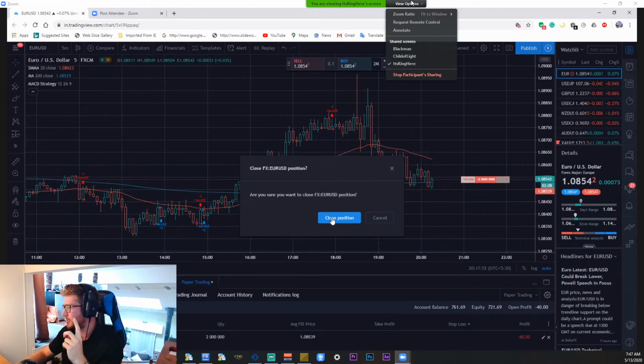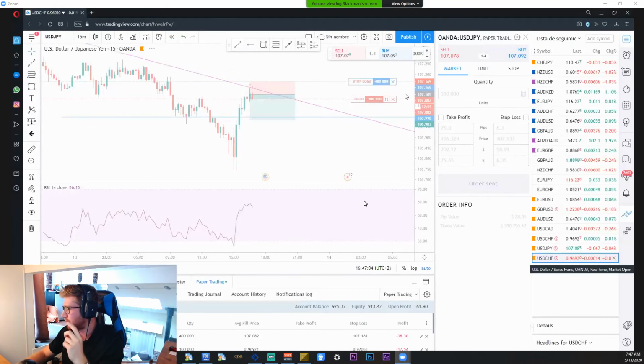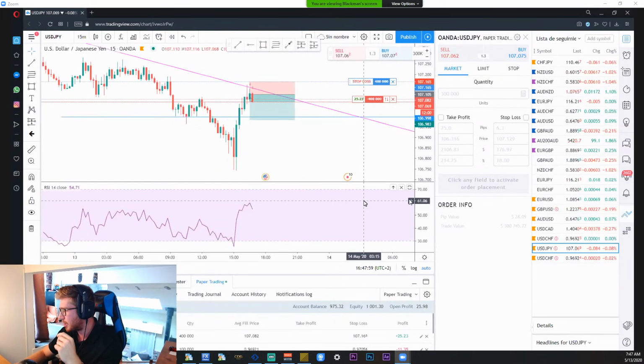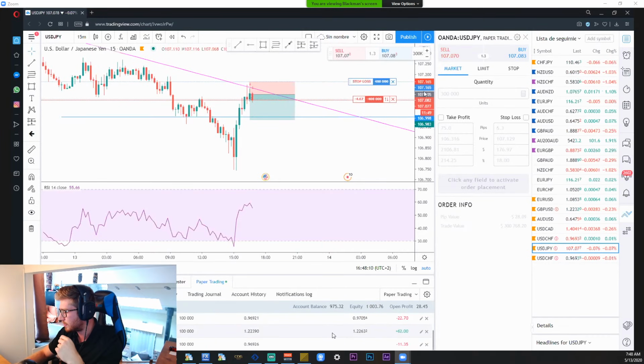The current balances: King is sitting at about 700, Blackman's sitting at about 1,000 now, so he's actually placed a little bit bigger orders here. The UJ is going really well in his favor. That's moving well, right? He's sitting over $1,000 now, and it's fluctuating quite rapidly.